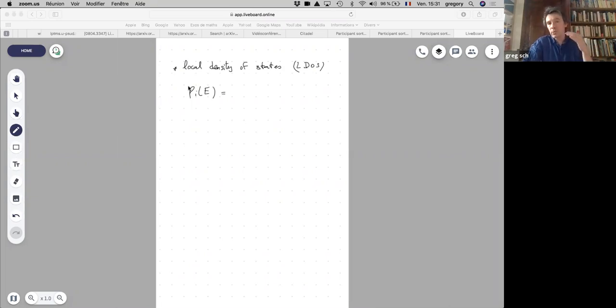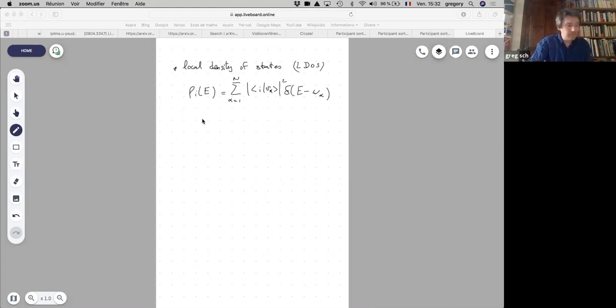So we are still working at fixed energy, in the sense that, as we did in the density of states, we are just looking at all the states with a given energy E. I'm just summing over alpha here, but with the prescription that their energy is still equal to E. But now I want to characterize, in addition, how much these eigenvectors are close to I. So in other words, I will weight this delta function with the scalar product of I and V alpha, and to get the probability, I need to take the square.